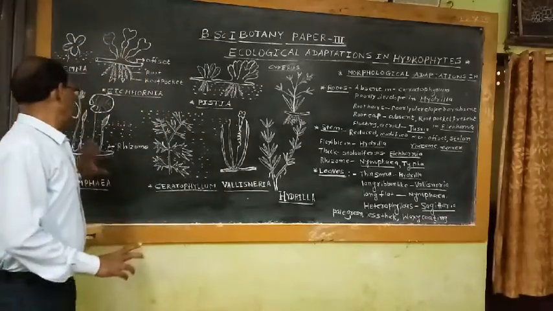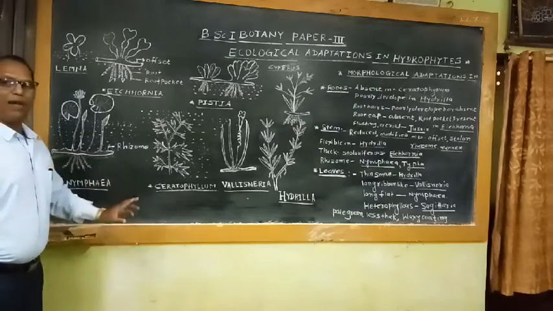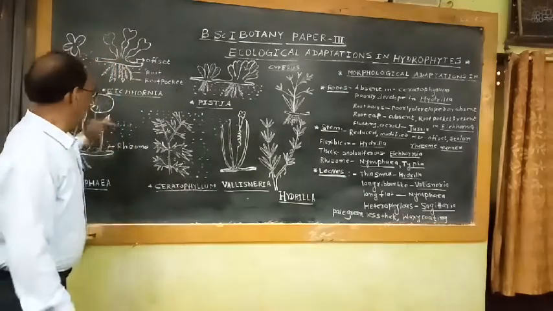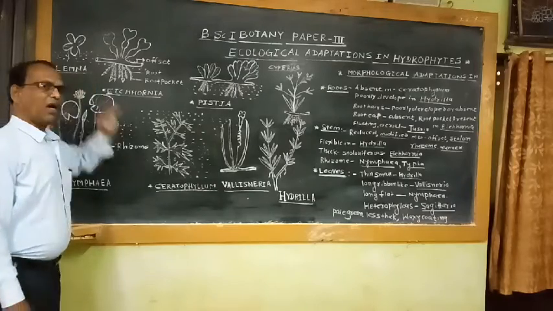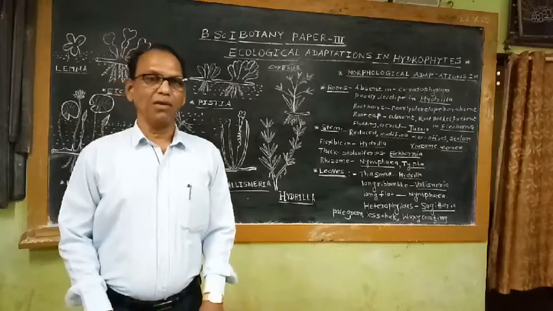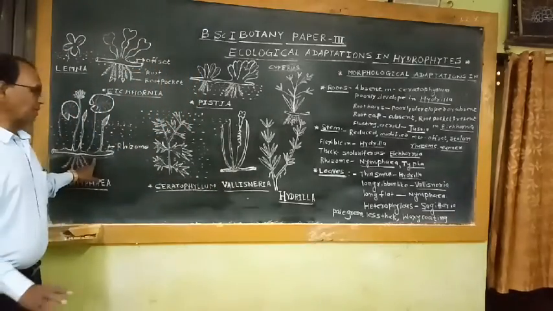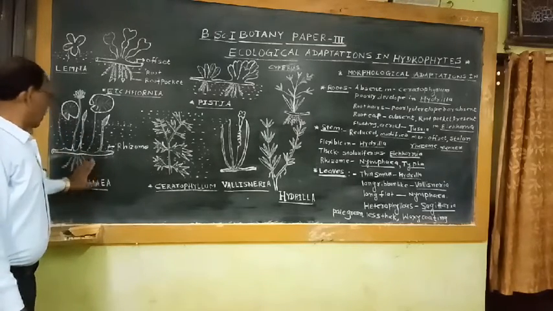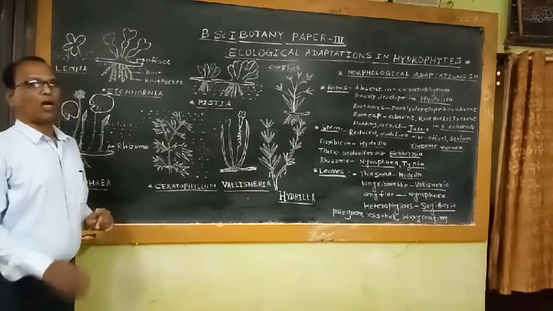These plants show their stem and root system in the substratum, and the leaves as well as flowers are on the surface of water. That means leaves are in floating condition, while the stem is found in the muddy substratum. That's why these plants are commonly known as rooted floating hydrophytes. So this is the sub-classification of floating hydrophytes.